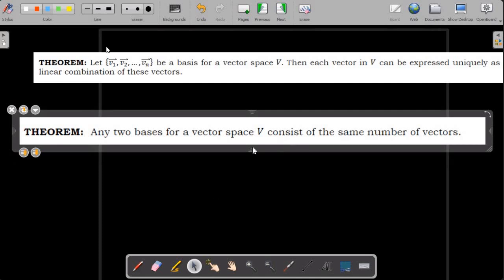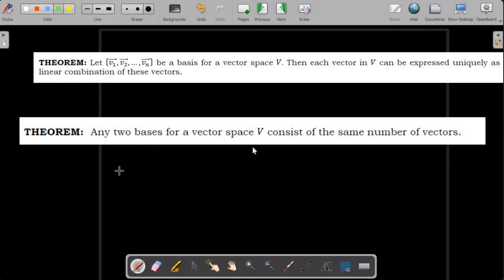Okay, so if you want to prove this result, I'll give you a hint how to prove it. You take one basis set of V, B1 equal to v1, v2, and so on vm.